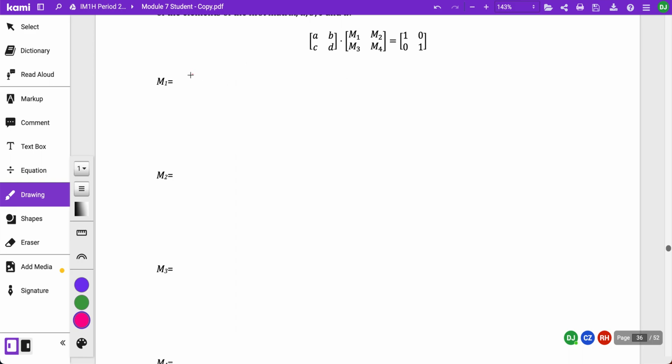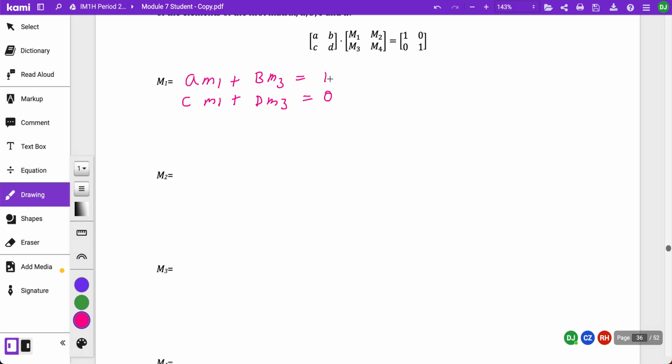This is A times M1 plus B times M3, and that's going to equal 1 like it always does. Now let's set up the second part of what we do. So we're going to do second row, first column. CM1 plus DM3, that is going to equal 0.